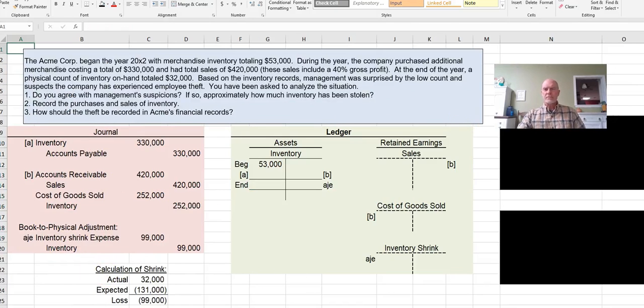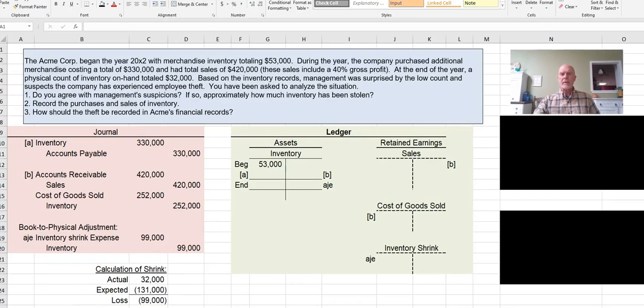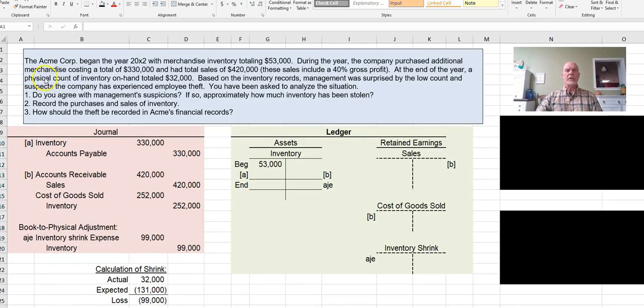So in the blue, I have a sample problem, and for the most part, I've got it set up here. It says the Acme Corporation began year 20X2 with merchandise inventory totaling $53,000. So that's our beginning inventory, and I've already got that in the inventory account.